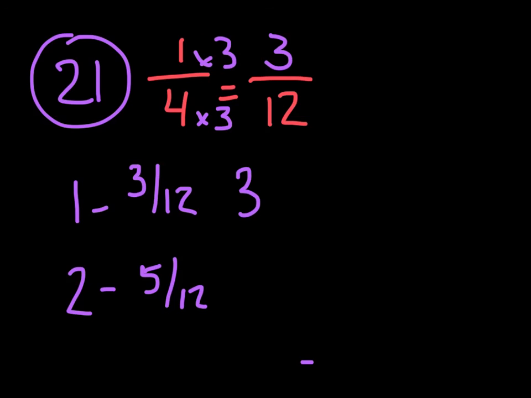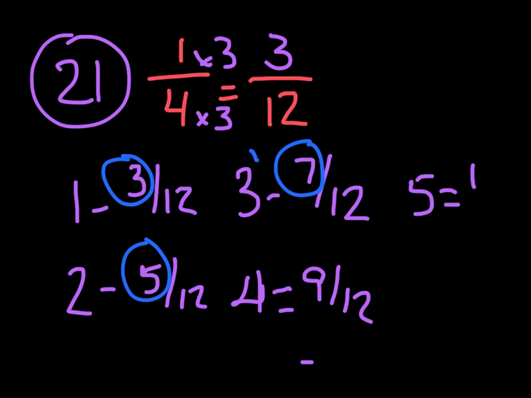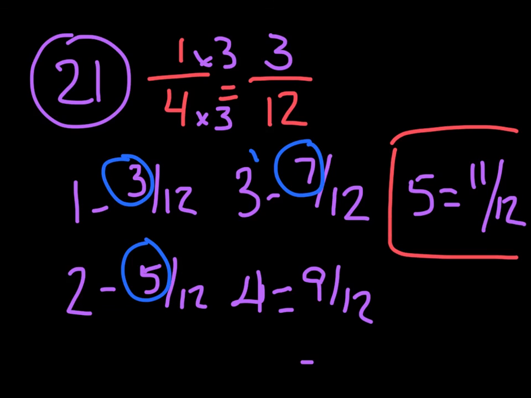The third week it was 7/12. As you can see, it's increasing by 2 every time. So that means the fourth week it would be 9/12. And then the fifth week, it would be 11/12. The question is asking for the fifth week, so my answer would be 11/12.